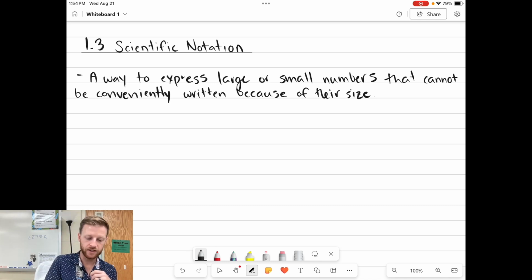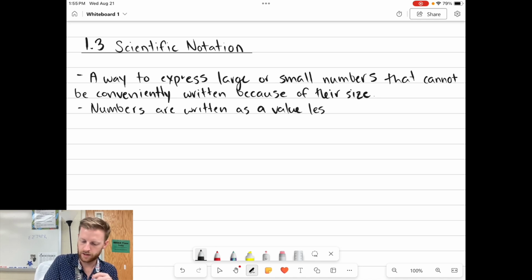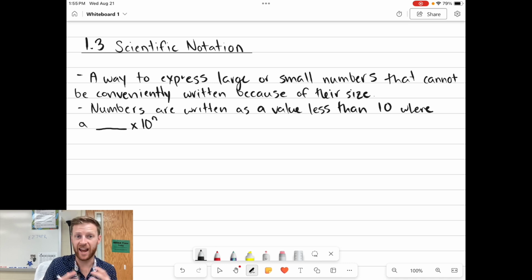Now, how these work is that the numbers will be written as a number less than 10, where we have a blank followed by times 10 to the, and this is a math term, an n, which basically represents any number.